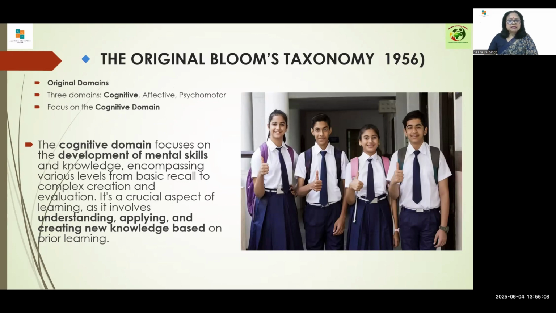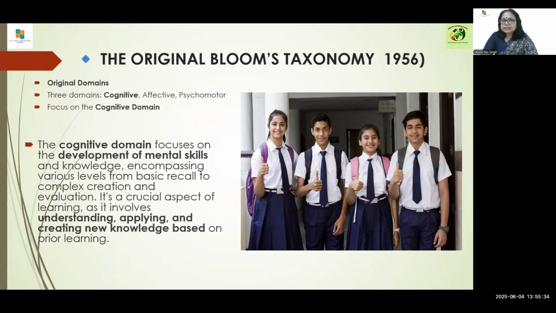So first, let's understand how the original Bloom's taxonomy looked. The original taxonomy discussed cognitive, affective, and psychomotor domains, and most of the focus was on the cognitive domain.